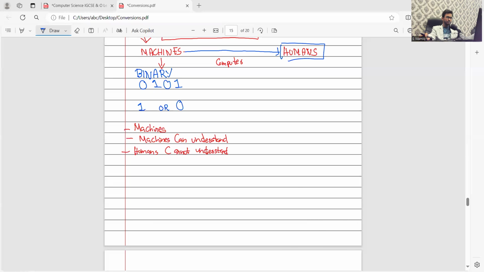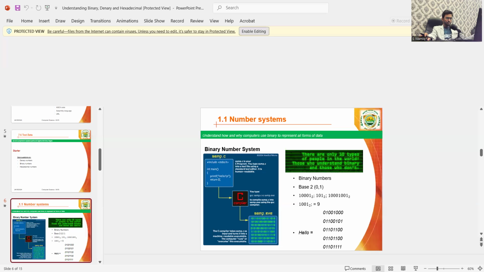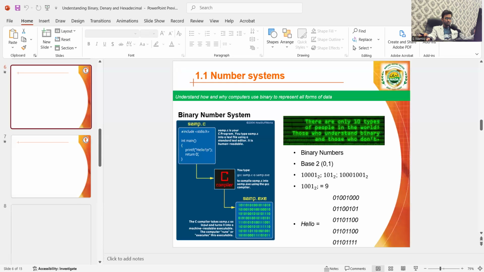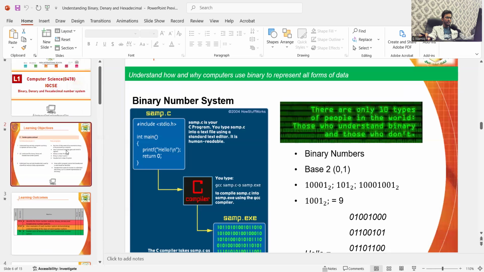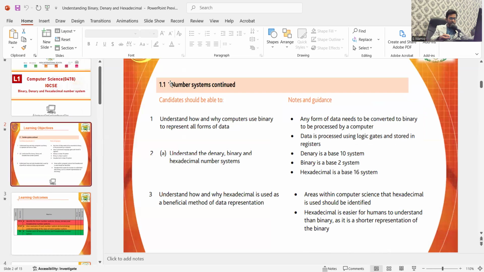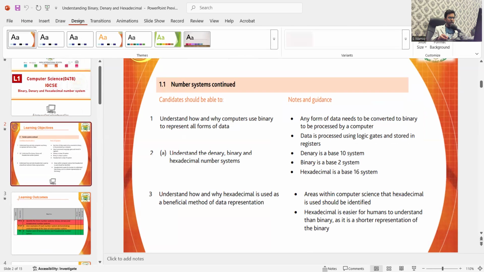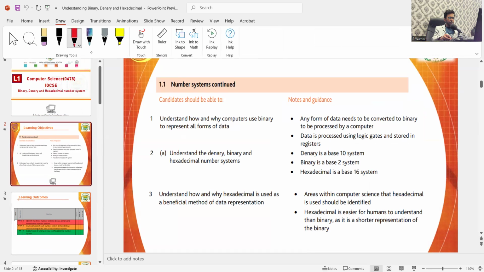Now, I hope the basic concept is clear to you, and as your syllabus says, that you understand how and why computers use binary to represent all forms of data.